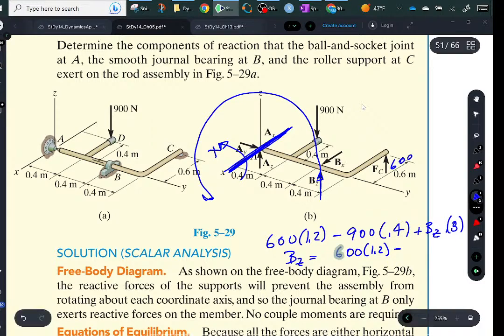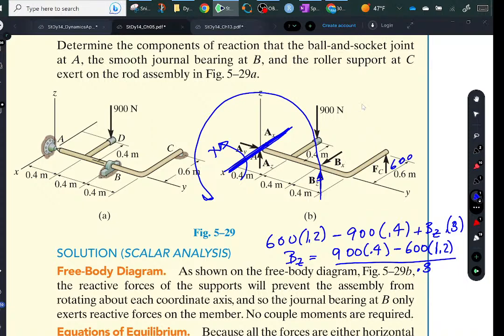Oh, well, let's do it. Okay, so I'm doing it that way. I'll make it 900.4 minus 600, 1.2. Ooh, this is not going to work out very well. Because the picture's not going to be able to take that. So let me do this by hand. So if you do that, and of course it's always touchy when I'm doing it by hand. 900 times 0.4, that's 360, minus 600 times 1.2. Oh, wow, I get BZ of 0.